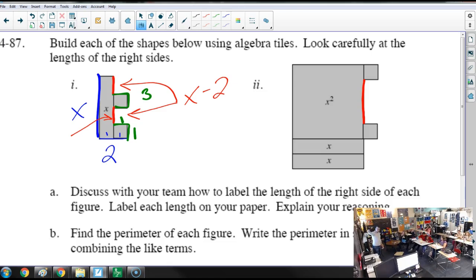So I don't know what this is either. Might be 1, might be 20. We don't know. But we do know the whole side is x. So like we talked about yesterday, take away this section for the 1, take away that section for the 1. Both of those together are x minus 2.